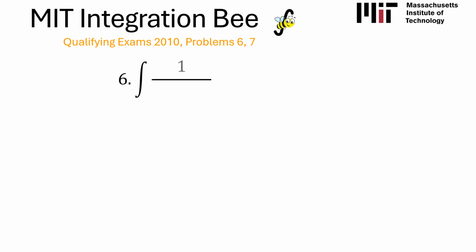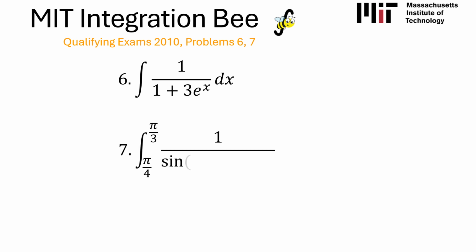Problem number 6 is the indefinite integral of 1 over 1 plus 3 e to the power x. Problem number 7 is a definite integral from x equals pi over 4 to x equals pi over 3 of 1 over sine x to the power 3 and cosine x to the power 5. So these are very, very interesting problems. I hope you do enjoy following along.